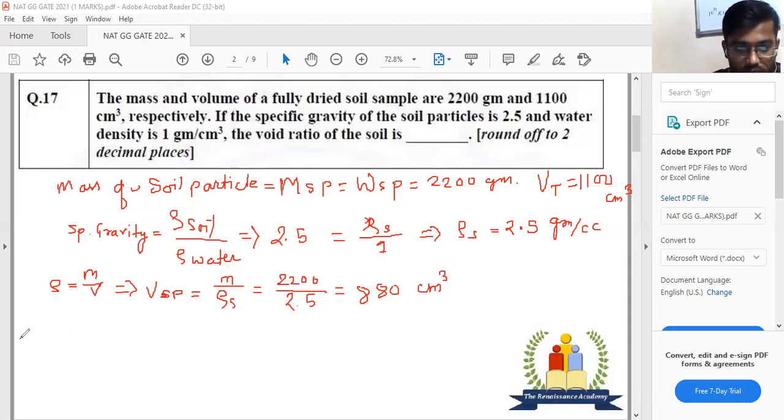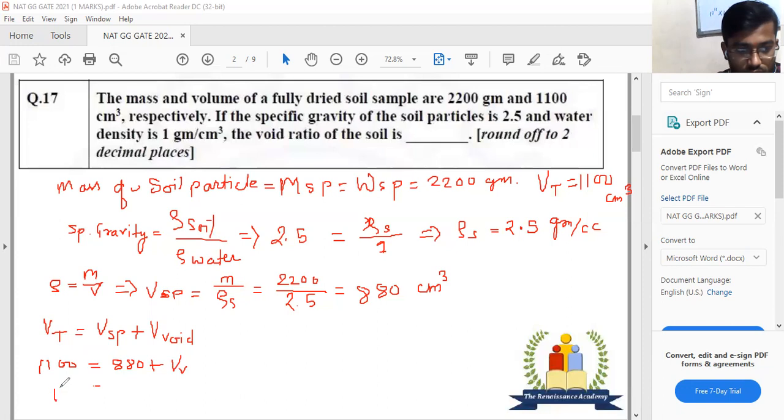Now we have volume of soil particle. Okay. Now calculate the total volume. Total volume means volume of soil particle plus volume of void. So we have total volume, that is given 1100 centimeter cube. Volume of soil particle we have 880 centimeter cube plus volume of void. We can easily calculate volume of void.